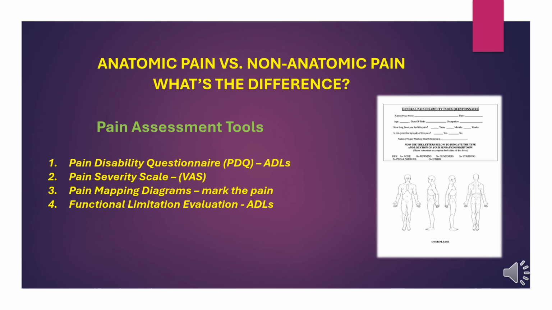And another, functional limitation evaluation. These are assessments that evaluate the degree to which pain affects an individual's ability to perform daily activities. Many times these are ordered or prescribed for an examinee that has had a QME examination or will have an examination.